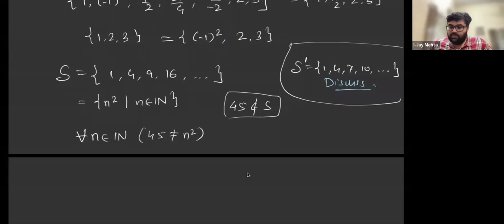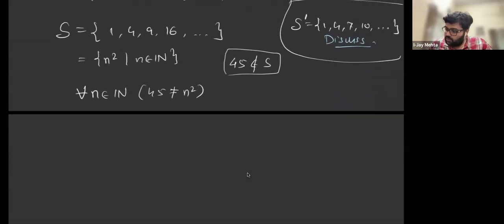So now I've given you 45, but if I just give you some x, what do you mean by x is not in S? Instead of 45, some x is not in here. Yes, room number 2, Anwar. Anwar, you are not audible.